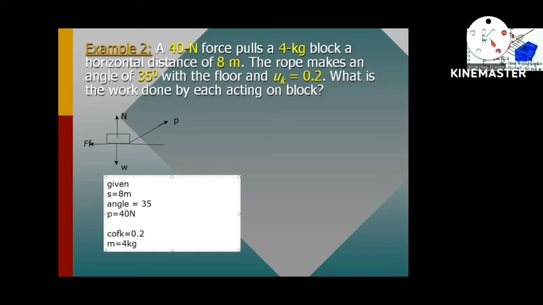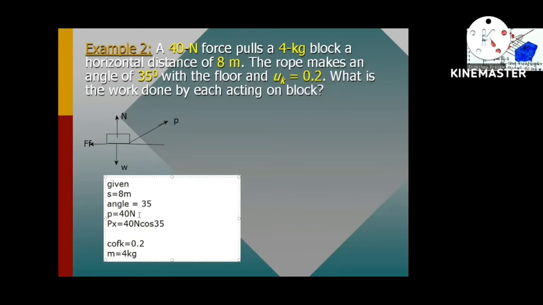Let us represent Px. Px is equal to 40 Newton times cos theta, which is cos 35 degrees.